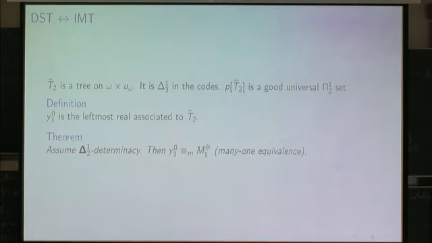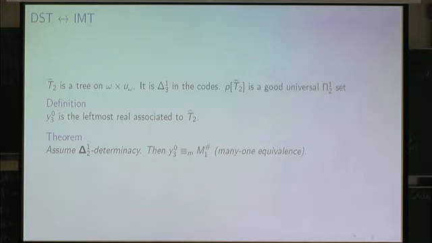And here's the theorem: assuming large cardinals in the background, the leftmost real is many one equivalent to something called M1 sharp, which is the least mouse with a sharp above one Woodin cardinal.